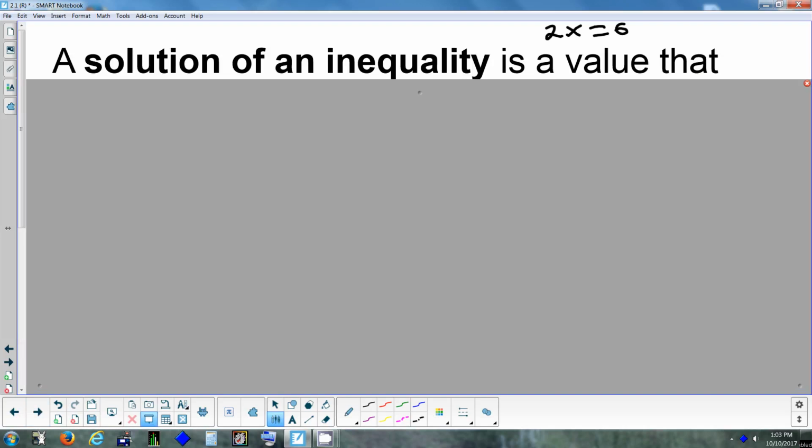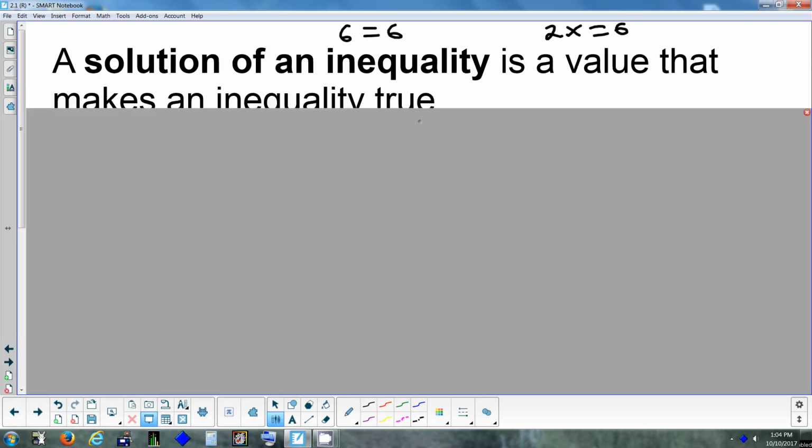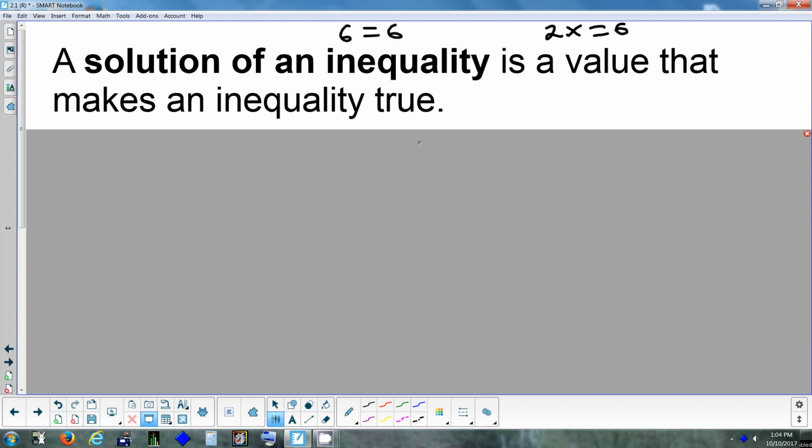You fill in the x with the number 3, and you get 2 times 3 on the left, which is 6, and 6 on the right. What kind of statement do we call that? 6 equals 6 is true. So you get a true statement. What's the same idea here? The solution of an inequality is a value that makes the inequality true.